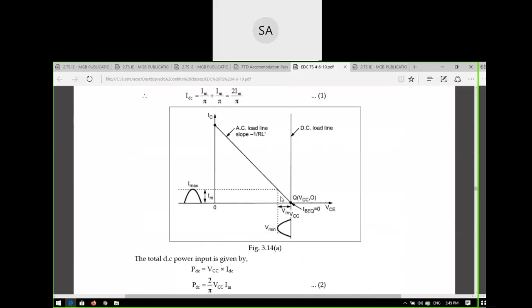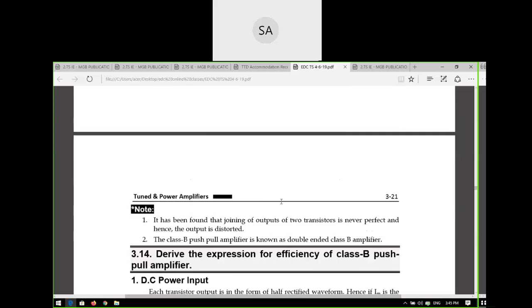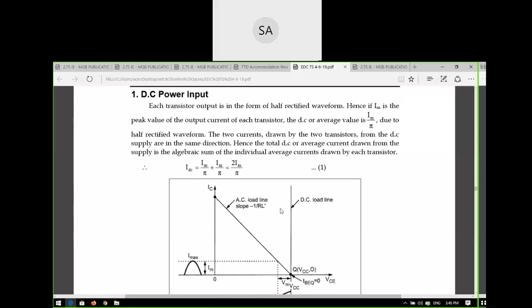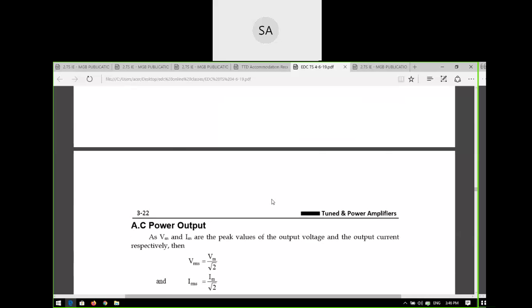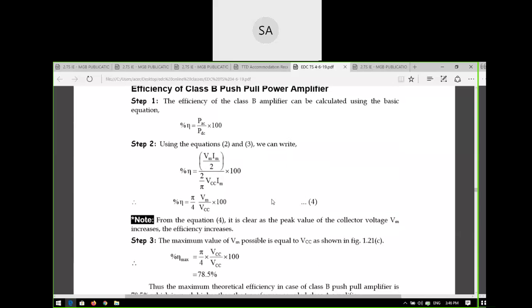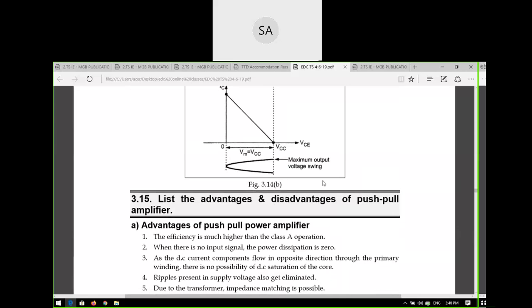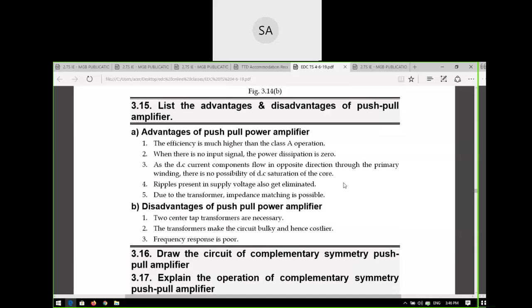You can see crossover distortion in detail in the class B complementary symmetry push-pull power amplifier. The efficiency of the class B push-pull amplifier is about 78.5 percent, which is much greater than the class A power amplifier. So up to here, the advantages. What is the major advantage?